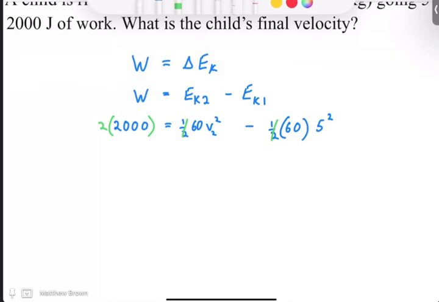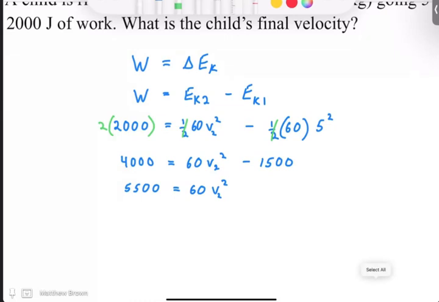And that means I've got 4,000 equals 60 v2 squared minus 1,500, so then I would add 1,500 to both sides, which means I've got 5,500 equals 60 v2 squared.